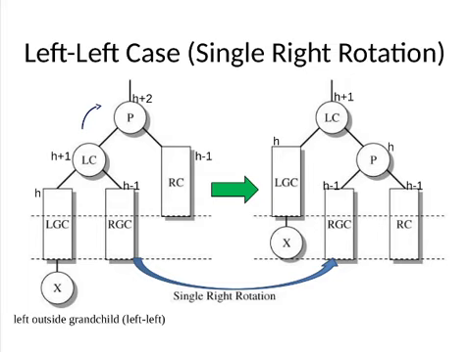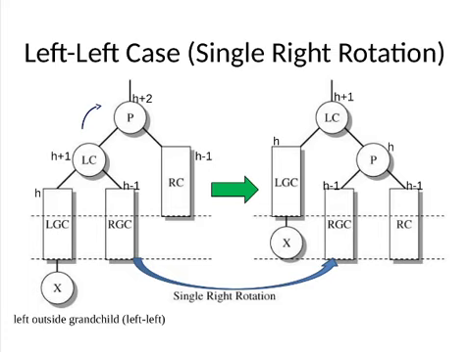After the left insertion of X, the balance factor of node P has become +2. That is, the height of LC minus height of RC is +2. Let the height of LC be h plus 1. So the height of RC must be h minus 1.